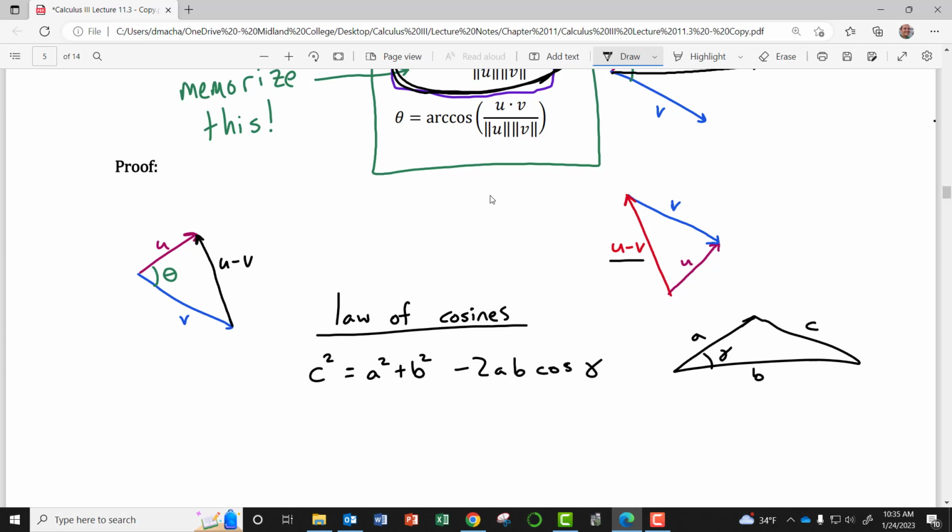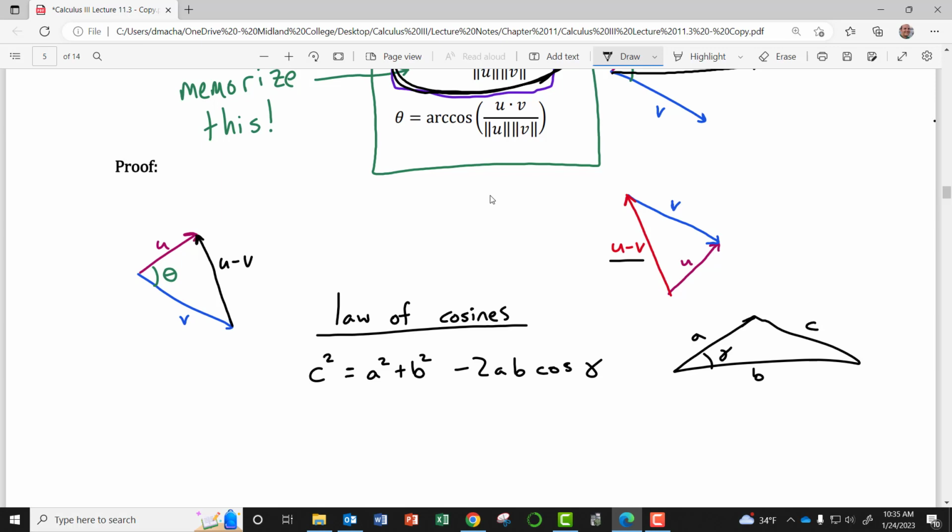In the case where gamma is a 90-degree angle, a right angle, that would make this a right triangle where c would be your hypotenuse. And of course, cosine of 90 degrees, or cosine of pi over 2, is 0, so this term would go away, and we would be left with c squared equals a squared plus b squared, which is the Pythagorean theorem. So you could say that the law of cosines is a generalization of the Pythagorean theorem, or that the Pythagorean theorem is just a specific case of the law of cosines.